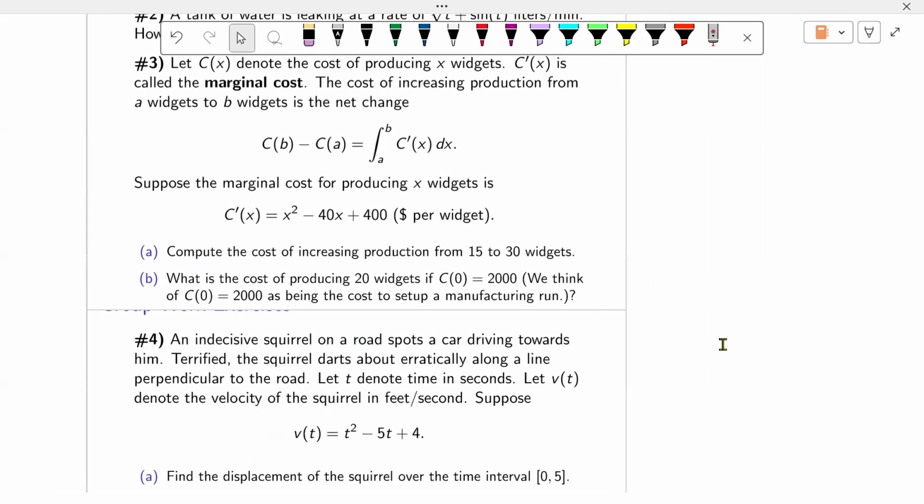How's it going, Keaton? The 375 is correct. 25,000 is not. Interesting.